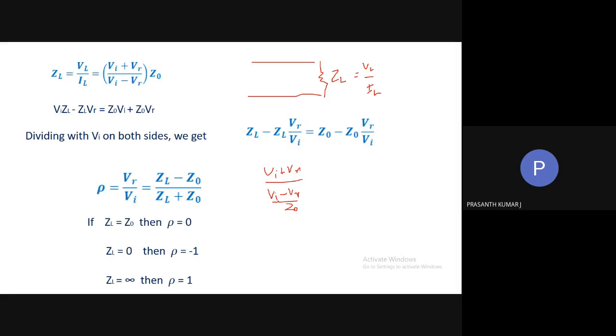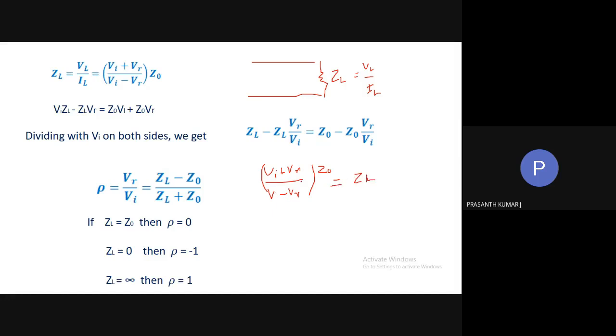So Z0 is in the denominator, so it comes to the numerator. So this equation becomes, now Z0, if you remove it here, it will come to the numerator. So you can write this equation as VI plus VR into Z0 equal to ZL.